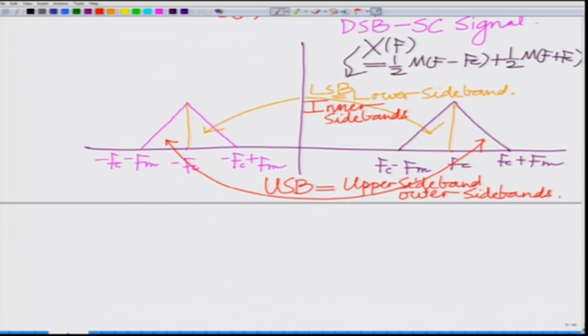Now you can clearly see the inner side bands are separated from the outer side bands in the frequency domain. Hence, we can use filtering to extract either the inner side bands or the outer side bands, that is, the lower side band or the upper side band.